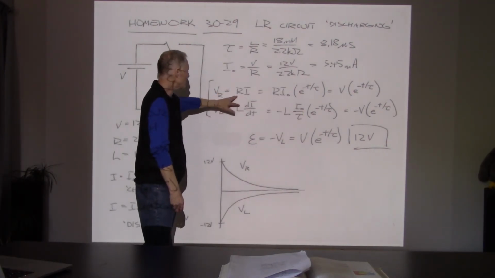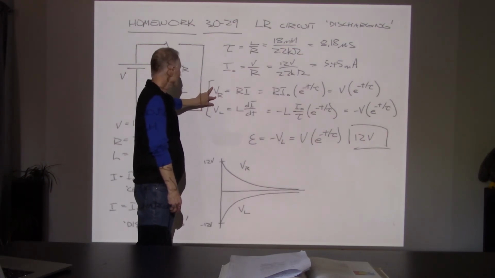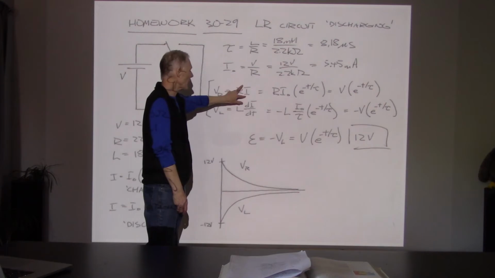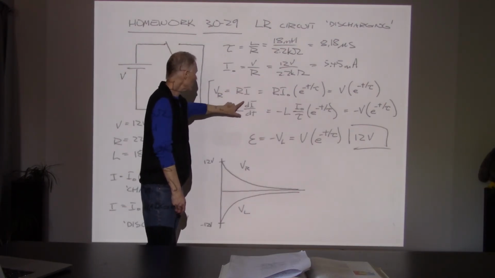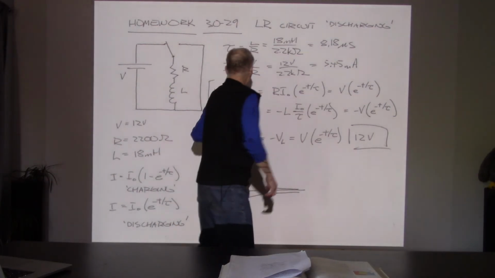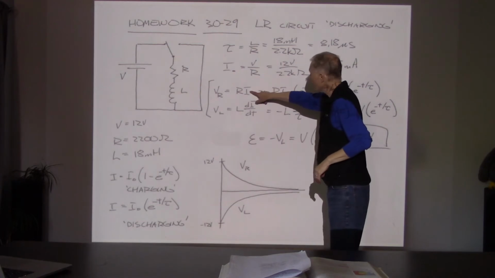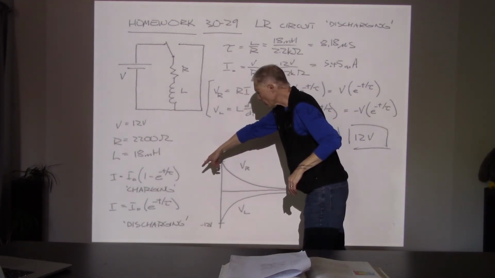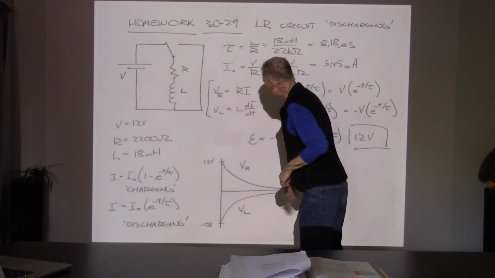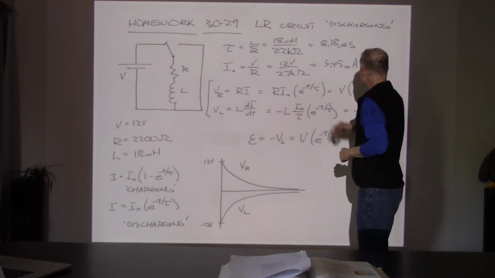And for these, I've just brought in my voltage drop formulas. For V in the resistor, that was R times I. And for the inductor, that's L di/dt. Now, for R times I, there's my factor of R. And then for I, I'm going to plug in, not that one, the lower one, the discharging formula, I naught e to the minus t over tau.